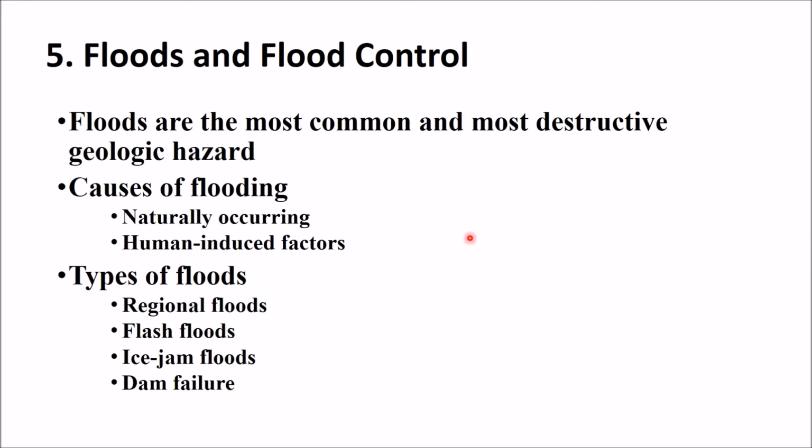Or when the dam is broken and the water runs downstream, it can also cause a flood. All of these we call human induced. It can be direct or indirect from human activities.